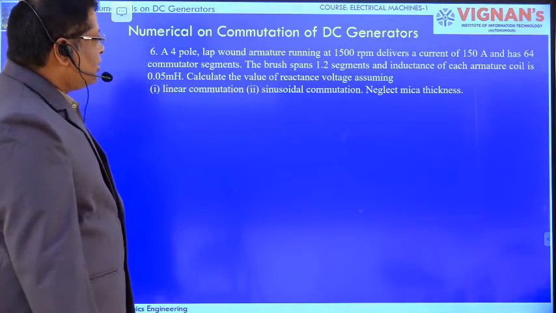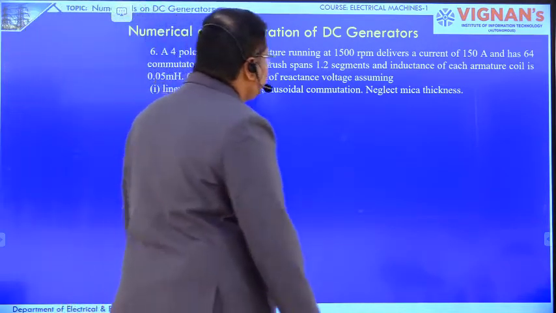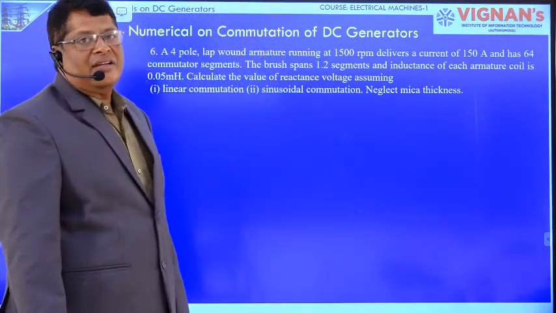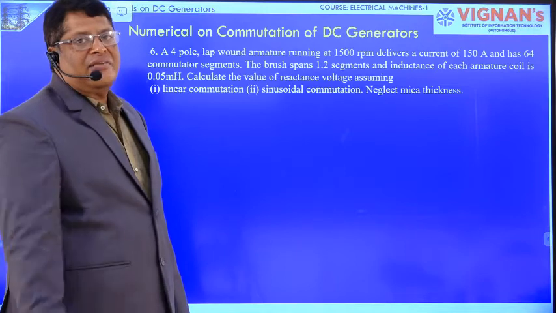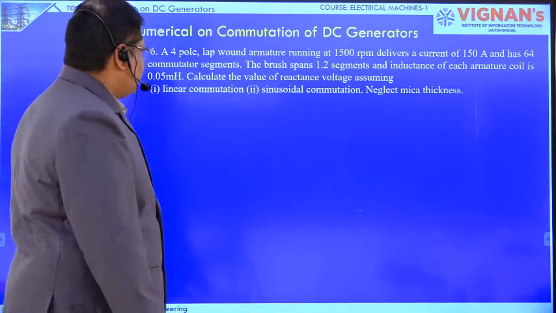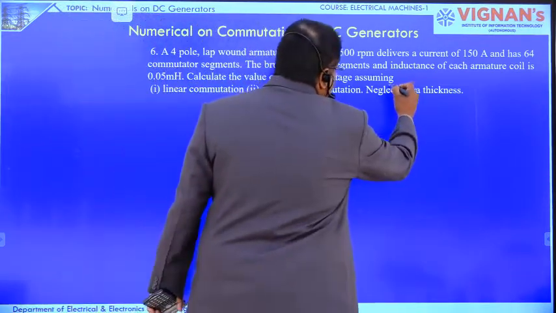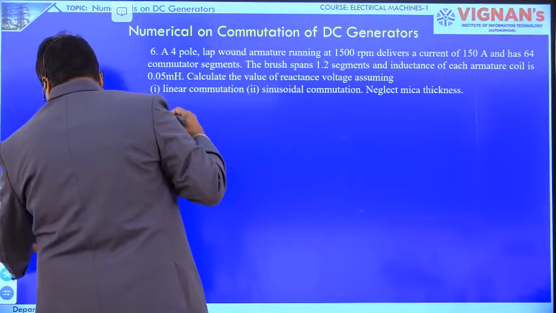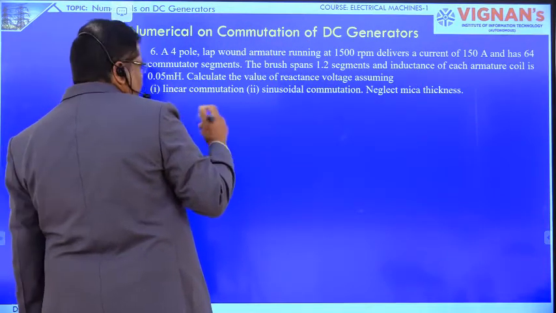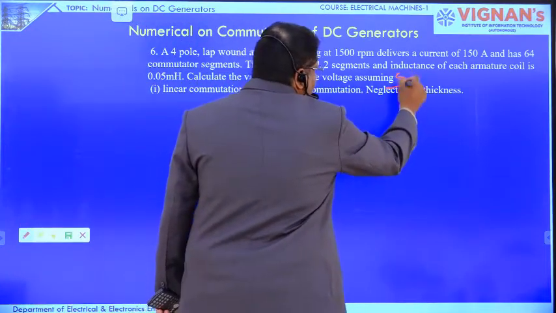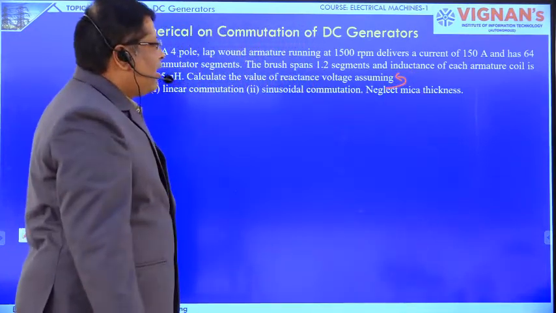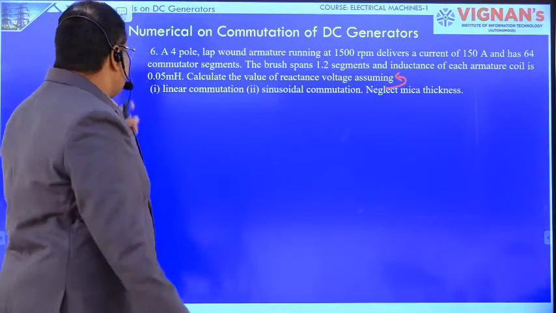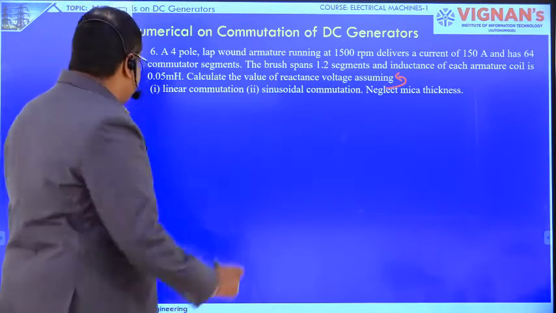Assuming that the mica insulation is neglected, the thickness of the mica insulation is neglected. Assuming linear commutation. In case of linear commutation, a direct formula is there.